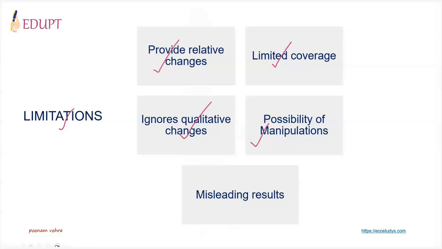Index numbers may not be perfect if wrong base year has been taken, or wrong formula has been used, or wrong weightage has been taken, or wrong sample of items have been taken. In all these cases, results would be misleading.